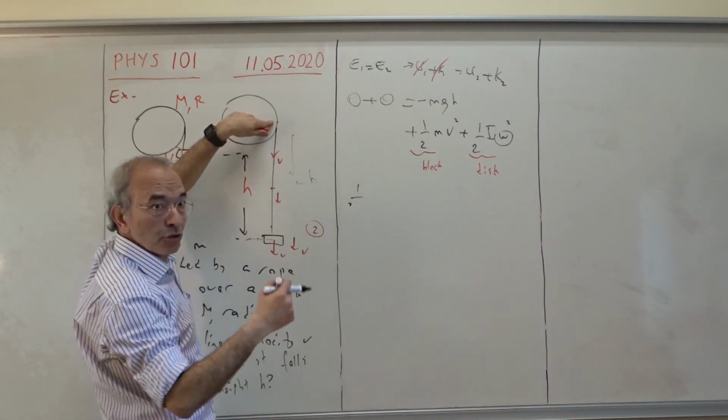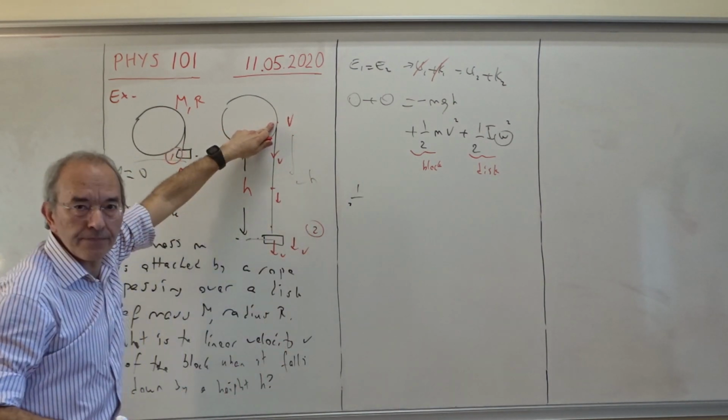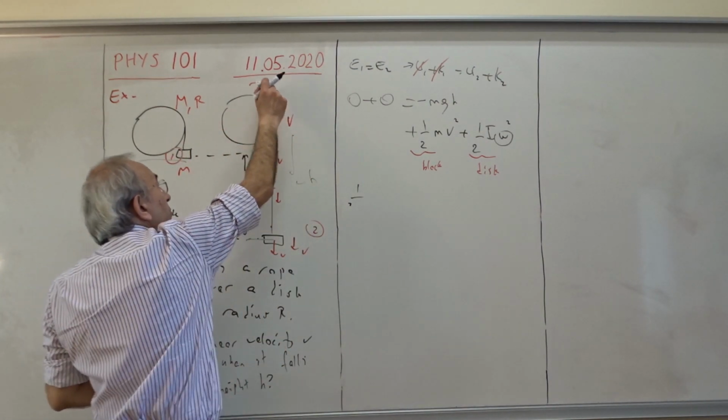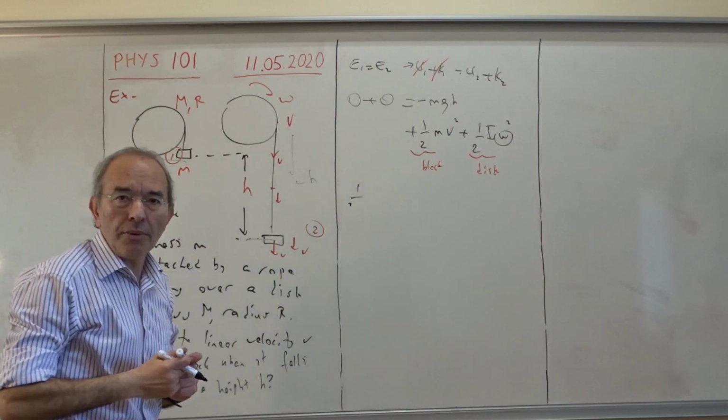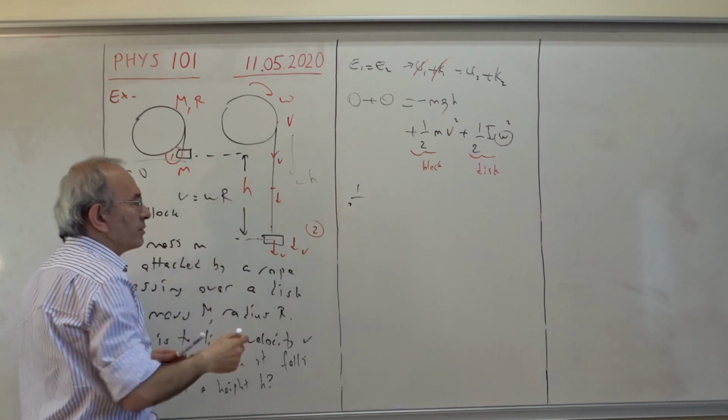Any point on the rim of the disk is also moving with the velocity v. And this is turning by some angular speed omega, and we have a relationship, remember, v is equal to omega times r.